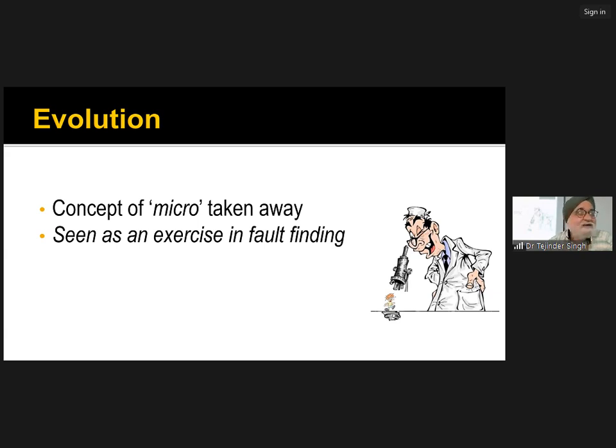I sometimes give a very common example, and many of you may be able to relate to it. Suppose I have to go to a party and I get ready in my new suit and shirt and tie, and I ask my wife, how am I looking? And she tells me, yeah, everything is all right, only the colors of the tie and shirt are a little odd, so can you change either the tie or the shirt?